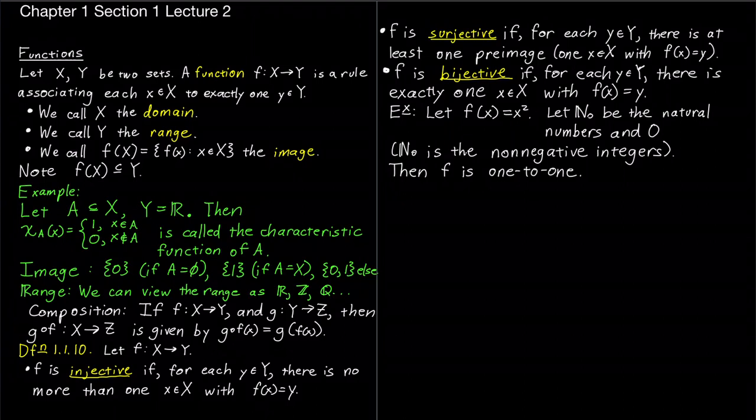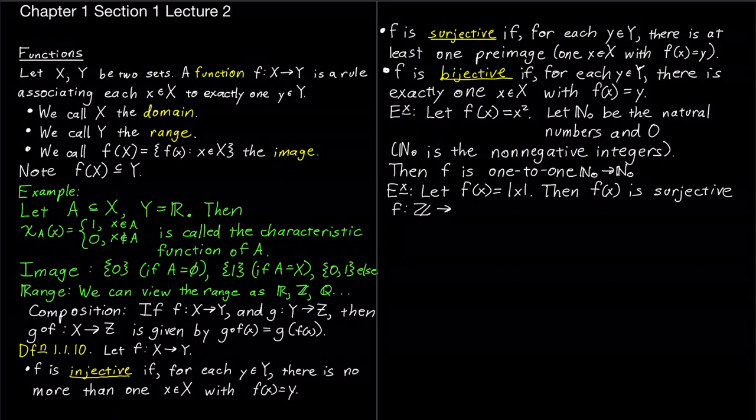And let's have another example. Let's let f of x be the absolute value of x, and then f of x is surjective if you view the domain as, let's say, all of the integers and the range as the non-negative integers, but is not surjective if you view the range as being the integers.